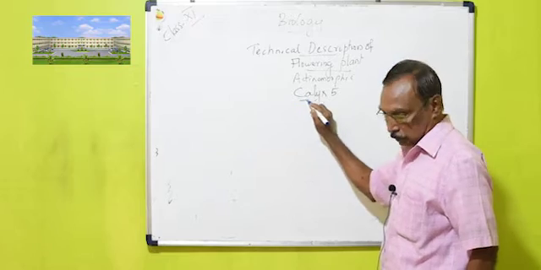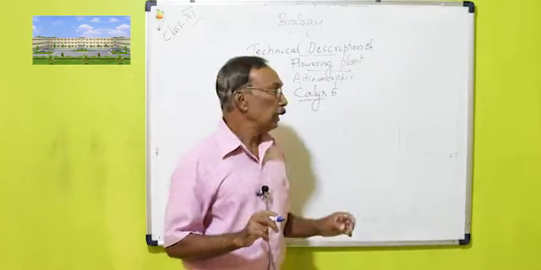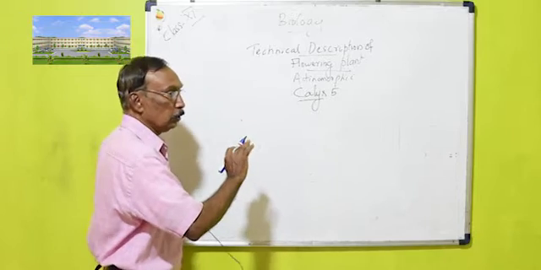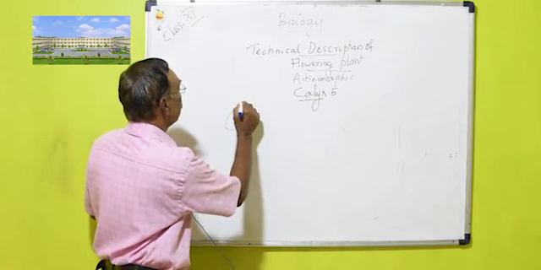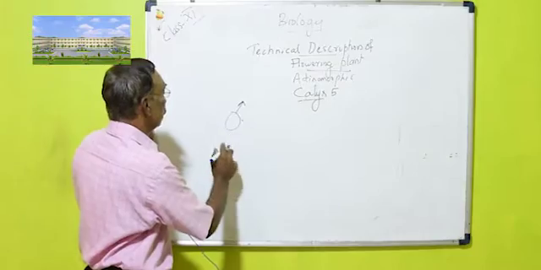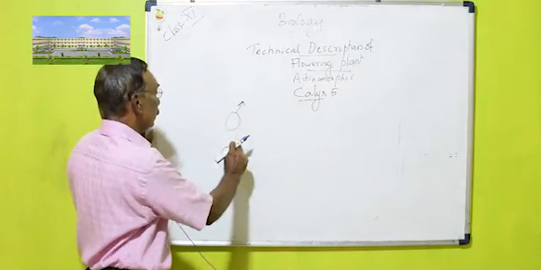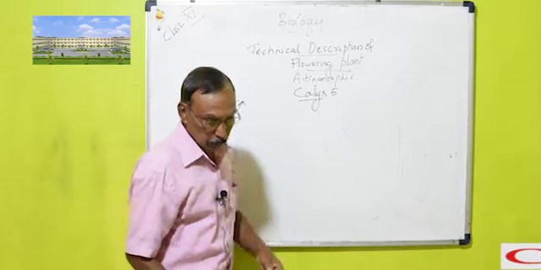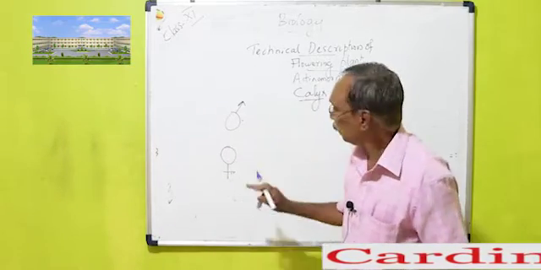And then two more symbols are there. For the male part of the flower, you use the symbol for androecium, this one. Symbol for gynoecium is this one. This is the male part, this is the female part of the flower.